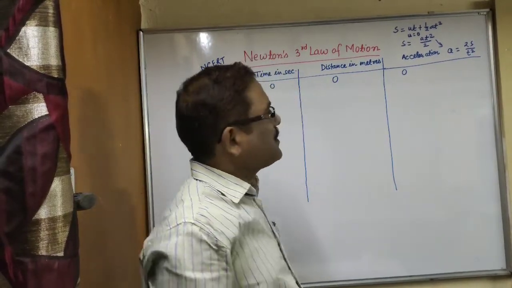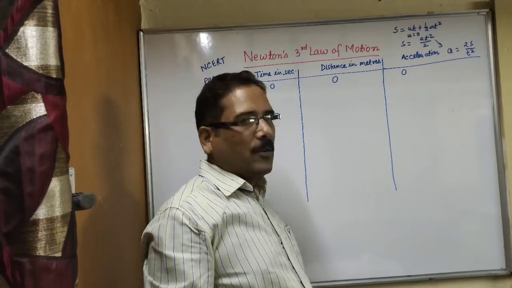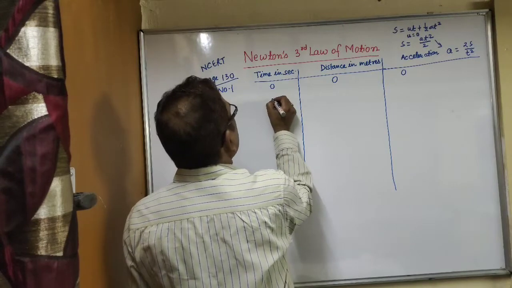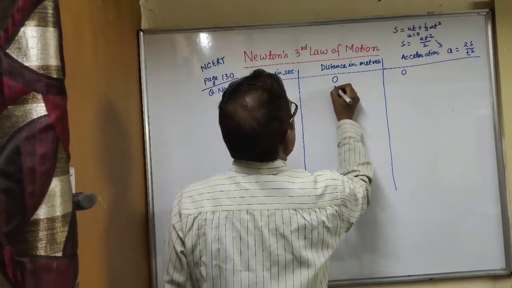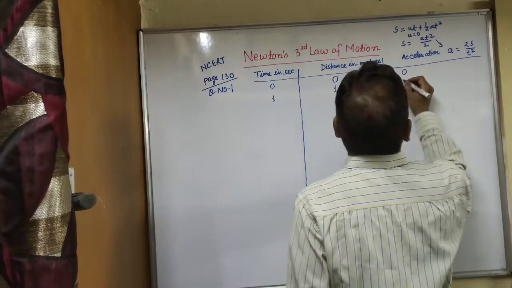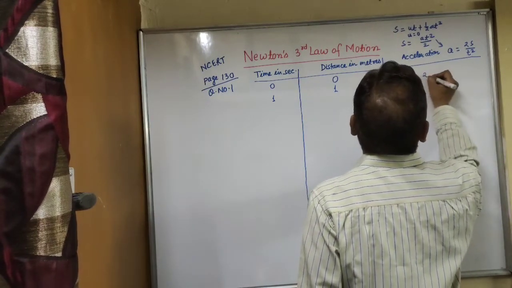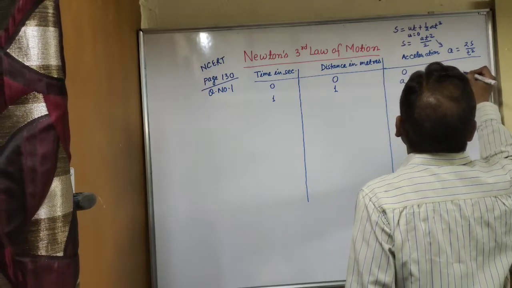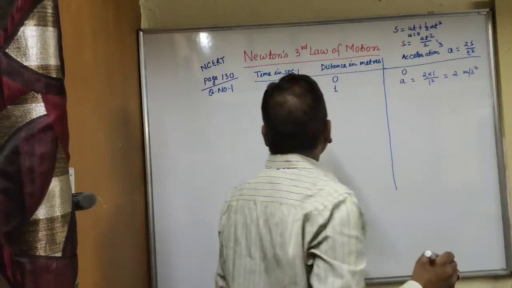So we will use this form of the formula to calculate the acceleration. When time is 1 second, distance is 1 meter. So acceleration will be 2 into 1 by 1 square, so simply 2 meter per second square.